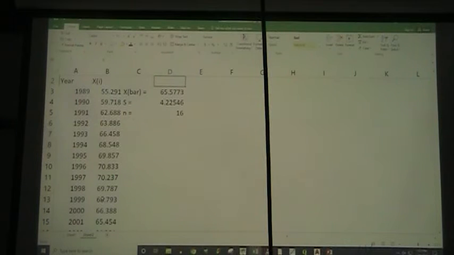What we don't have, let me look, all right, so they want a 95% confidence interval. So that implies that alpha is 0.05, that alpha divided by 2 equals 0.025.